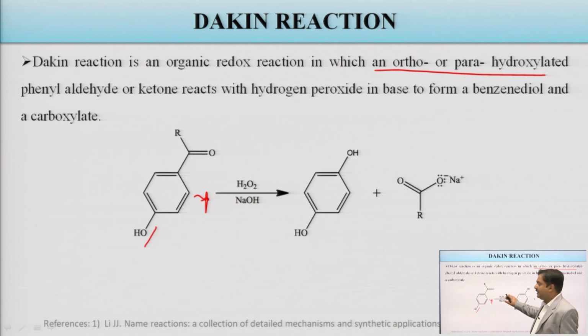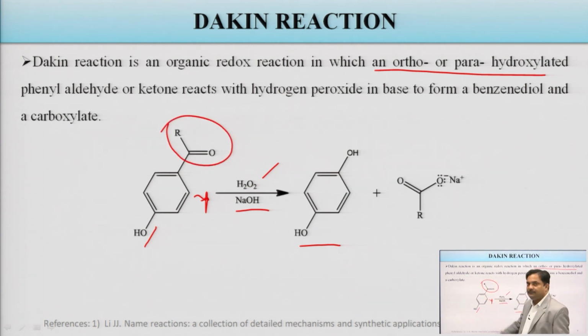The reaction is carried out in the presence of hydrogen peroxide and a base. Hydrogen peroxide acts as the oxidizing agent, and the base is there for hydrolysis of the reaction intermediate. So, you can see we are getting the diol. The CHO group is converted into OH, and we are also getting the sodium salt of the ester.